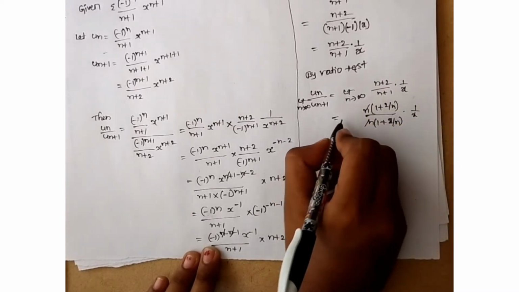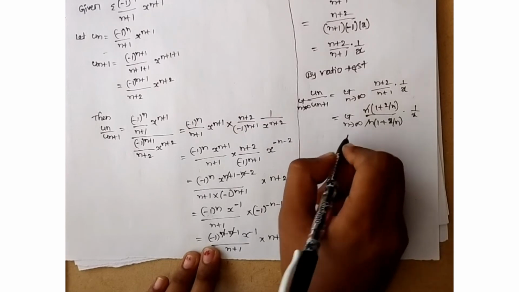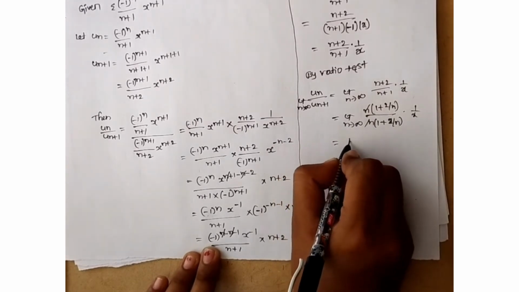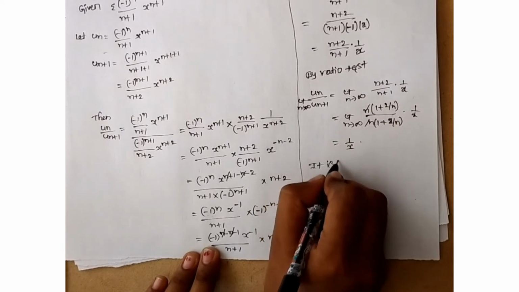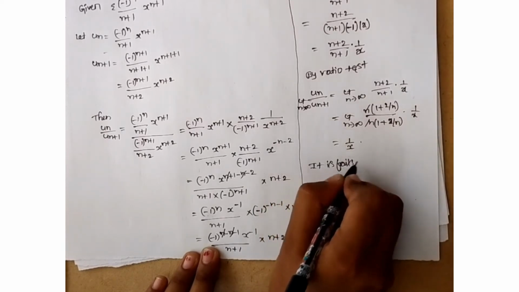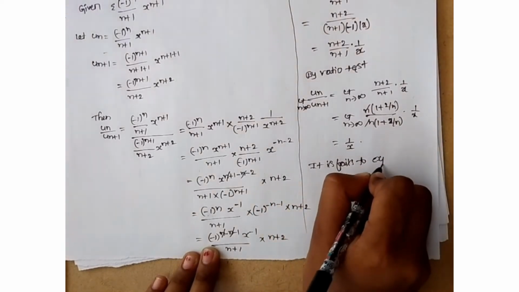Here n cancels, then we take the limit as n tends to infinity and we get 1 by x. Here the test fails to explain.